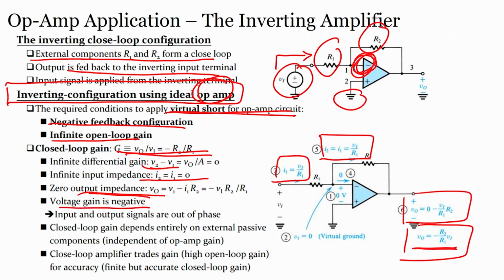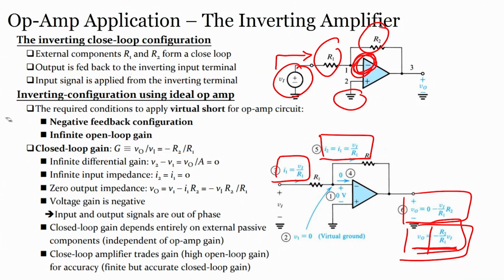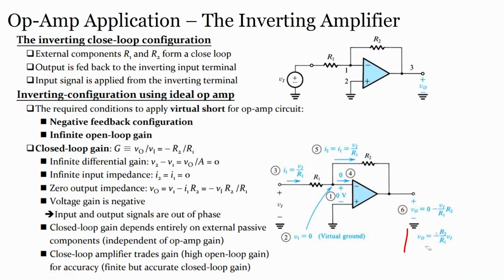Voltage gain is negative, you can see here the negative of R2 by R1 into V1. Input and output signals are out of phase, this is very important. We have already seen in the theory class that when we apply the input signal to the inverting amplifier, the output would be of opposite phase. So, we apply a signal and we see the output with a 180-degree phase shift.